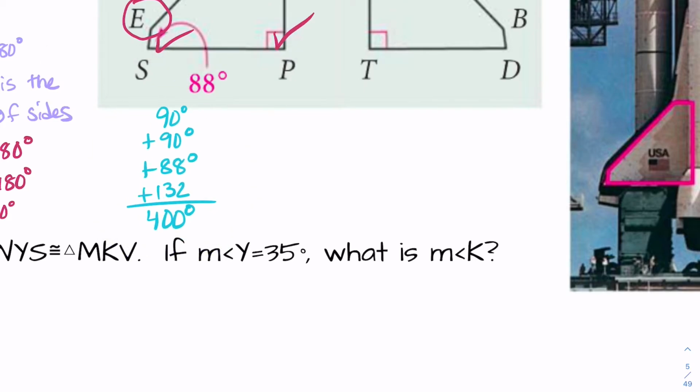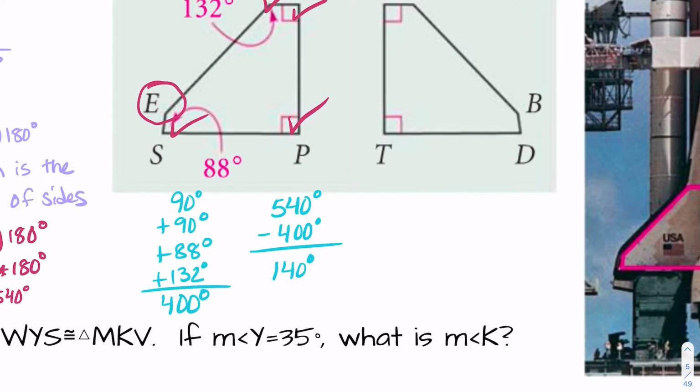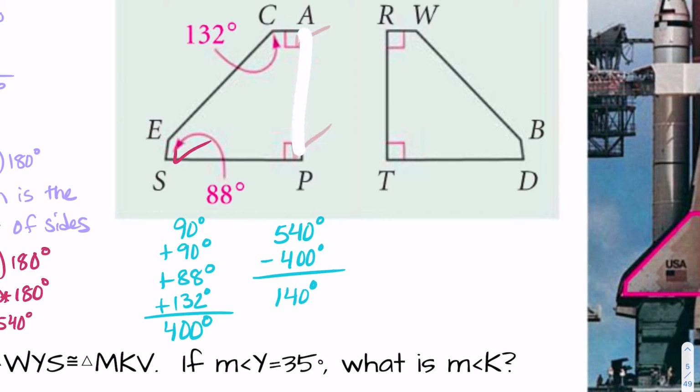But there are 540 degrees in the entire thing. So 540, take away 400, and I get 140 degrees. So the measure of angle E equals, no, I'm sorry, 140.